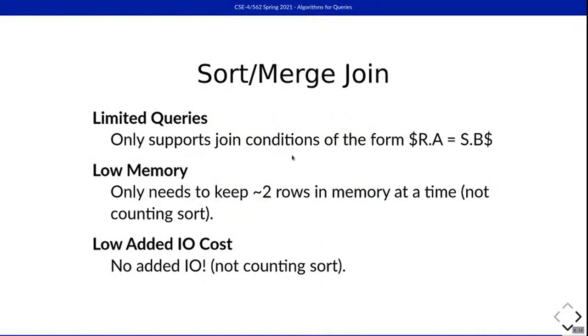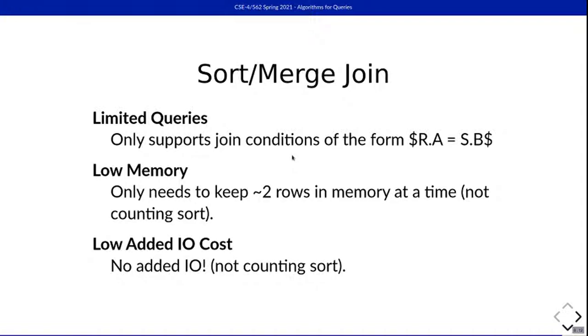So, as before, this is really nice in terms of I/O. Assuming our iterators are already sorted, the merge part of the sort merge join is not going to add any extra I/O.